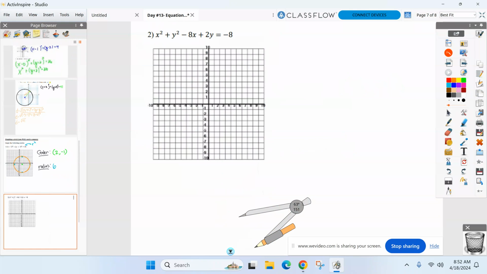So we all agree that's not the form we're used to. Nobody in here can tell me what the center and the radius is just looking at that. It's not there. Just so you know, this is called standard form of a circle, when the x's and y's and everything are all on one side.